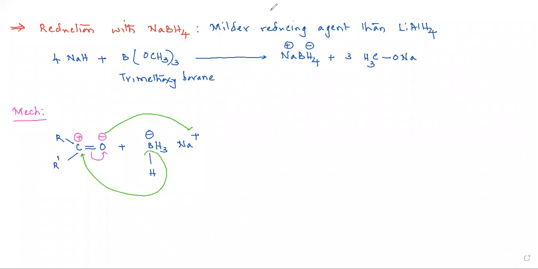Again, a hydride is what is attacking the carbon. R, C, R dash, O minus, then O minus with the BH3 Na plus. Now this hydrogen. This hydrogen is from sodium borohydride.